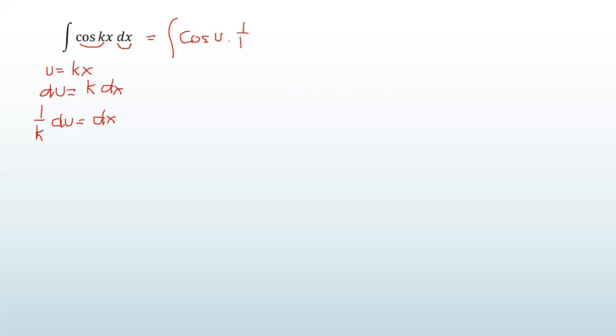If we write 1 over k in front of this integral, it becomes 1 over k times the integral of cosine u du. 1 over k can move in front of the integral because 1 over k is a constant number.